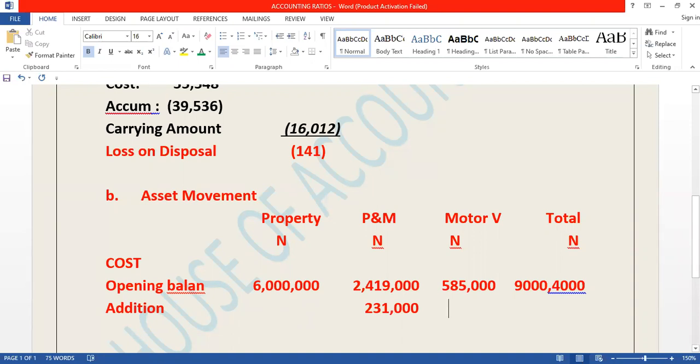Note 3, what's the addition? 61.5. Any other addition? No. Okay, so add these two together. What do you get? 231 plus 61.5, 292.5, that is 292,500.